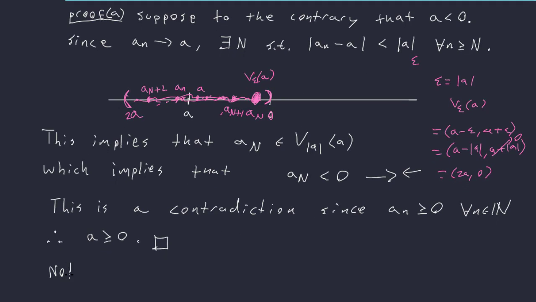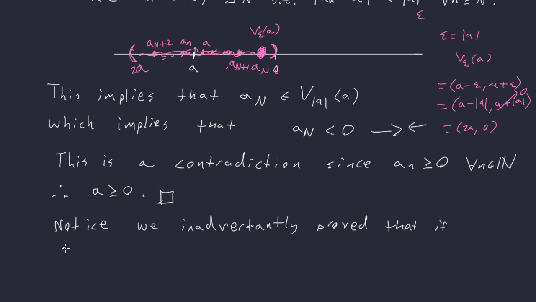So notice, we inadvertently, I have no idea how to spell that, inadvertently proved that if a is negative, then there exists an n such that a(n) is negative for all little n greater than or equal to this capital N. Okay?